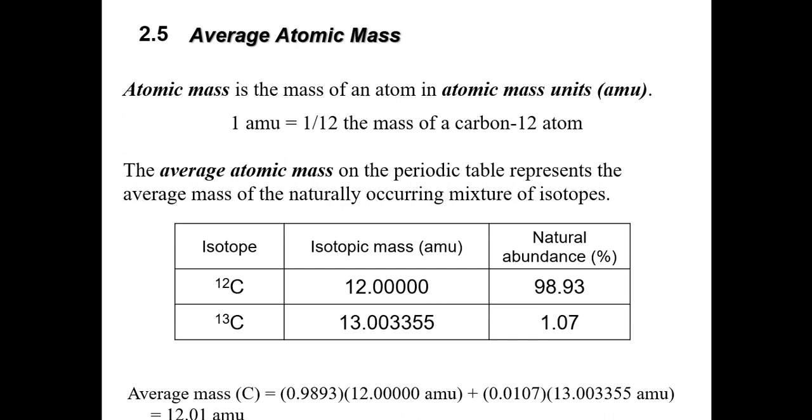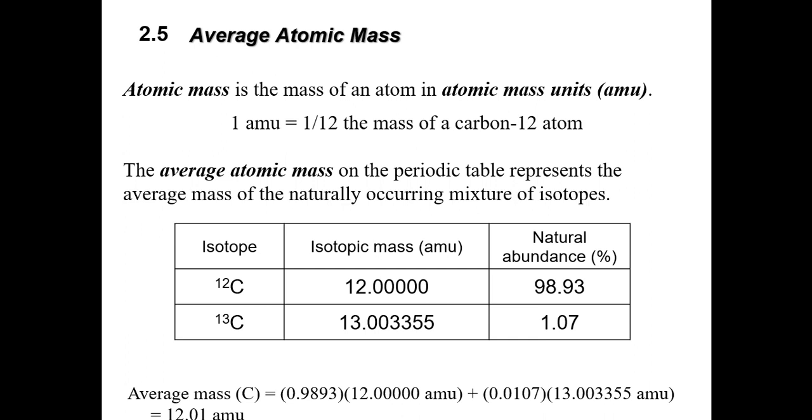Is it the mass number? It's not the mass number. That is the atomic weight. So for the element C, 6 is the atomic number and 12.01 is the atomic mass.